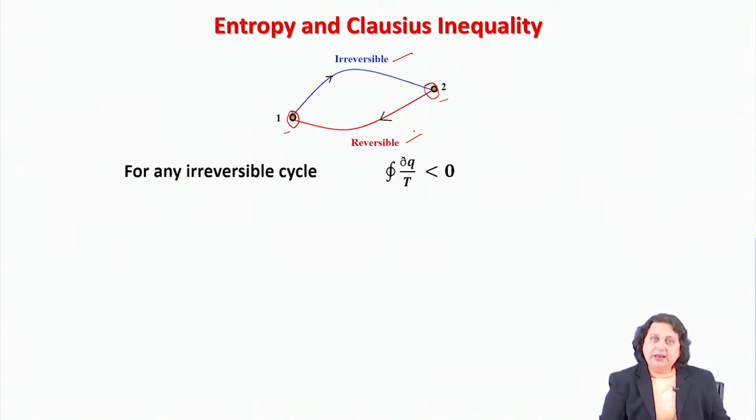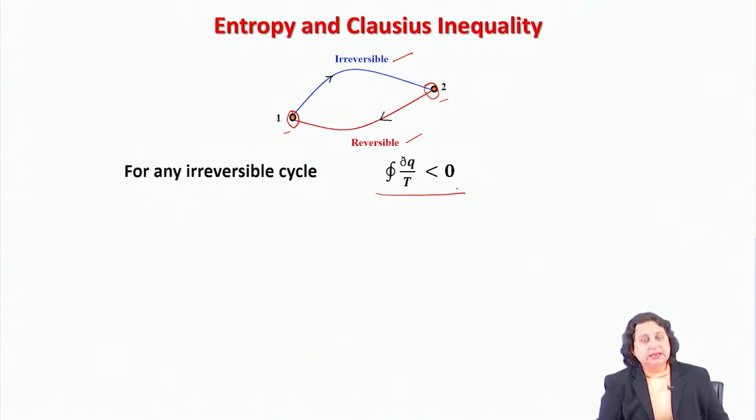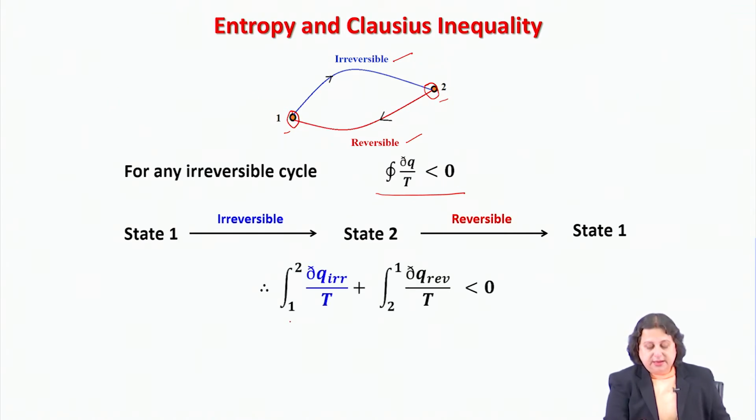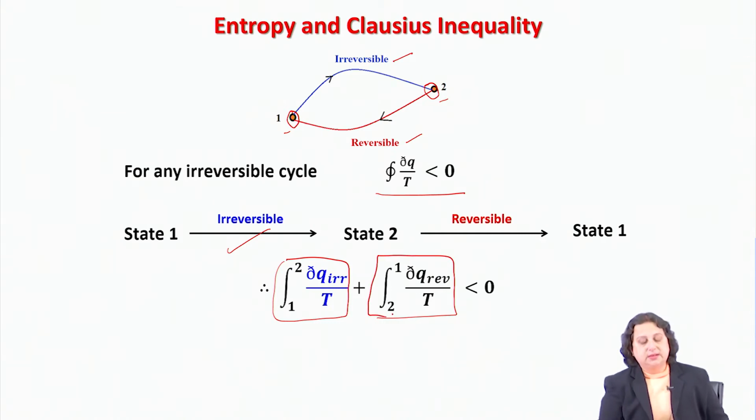Now, I know that for any irreversible cycle, the cyclic integral of dq by T is less than 0. So, in this case, this particular relationship must be valid, and then I can write down the integral from 1 to 2 of dq irreversible by T, that is this quantity when I followed the first irreversible step, plus the integral from 2 to 1 of dq reversible by T. These are the two instances that I can think of during the entire cycle, and the summation of both must be less than 0.